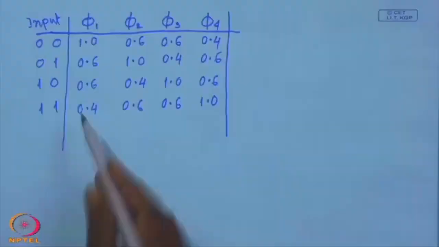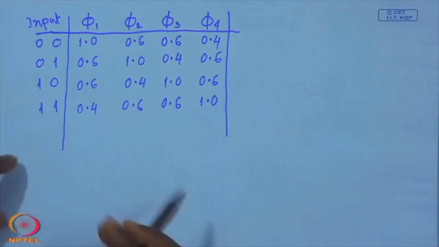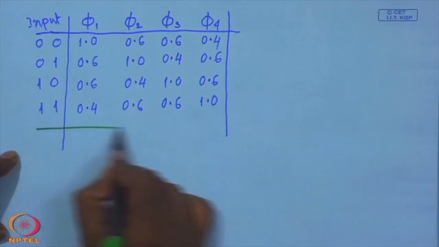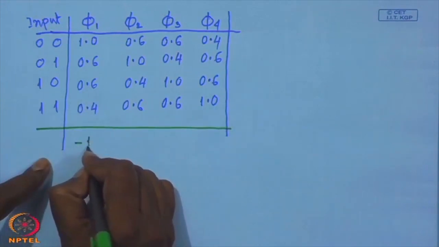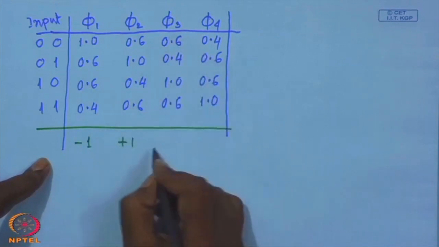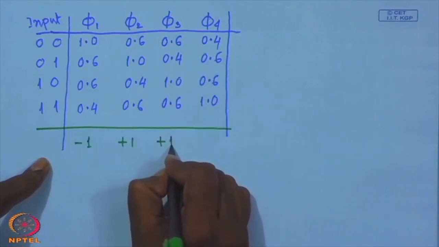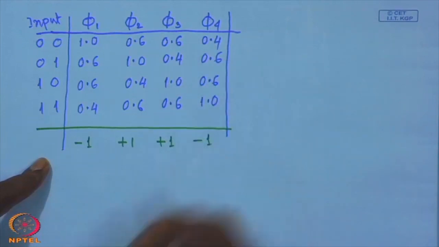Now, if I take the linear combination of this, for phi 1 I give a weight of -1, for phi 2 I give a weight of +1, for phi 3 I give a weight of +1, for phi 4 I give a weight of -1.